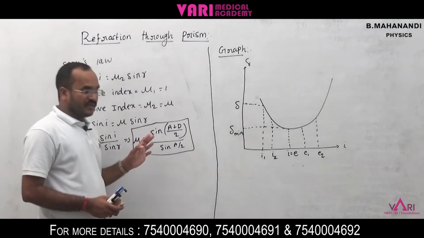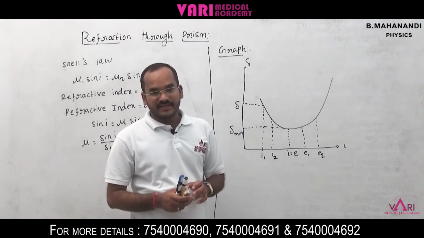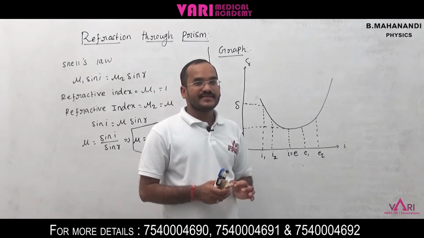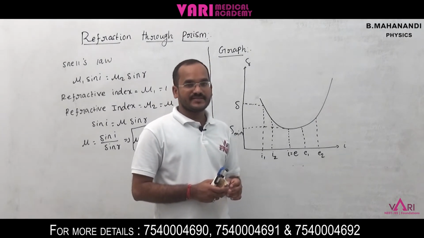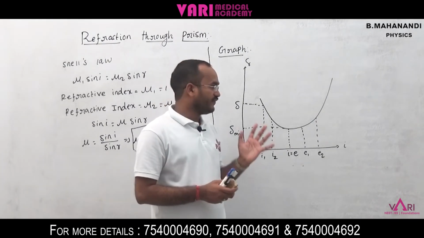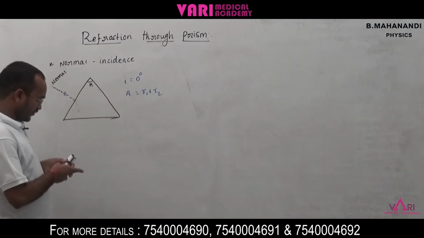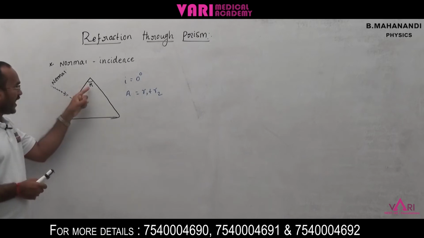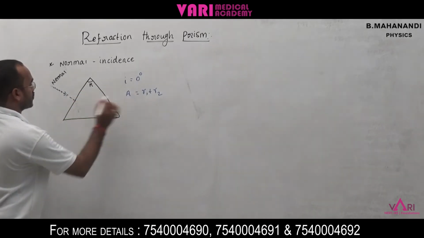If you suppose the incident light ray enters at normal incidence, what happens? Grazing incidence, what happens? If you suppose normal incidence and grazing emergence, what happens? Now we will discuss everything. Normal incidence, the incident angle equals 0 degrees. Now the angle of the prism is A equals r1 plus r2.